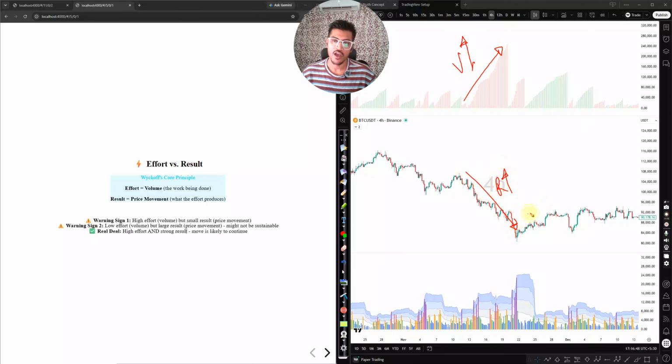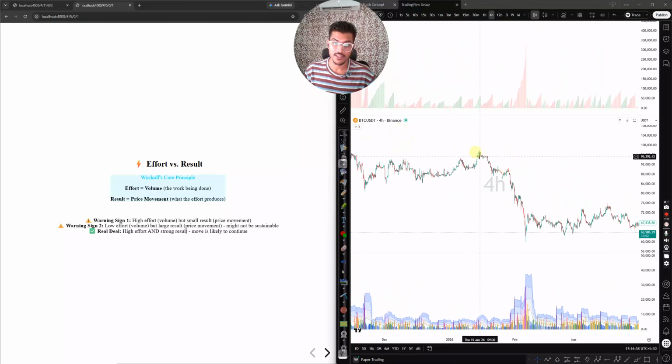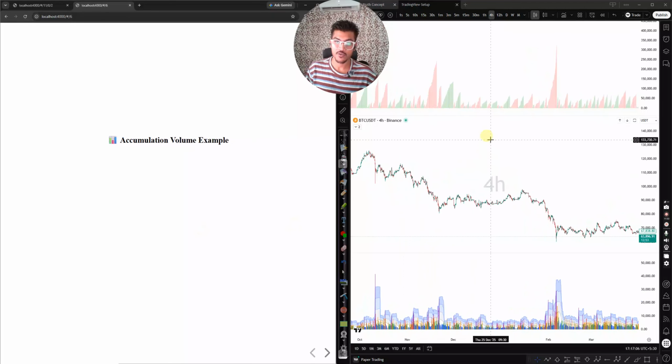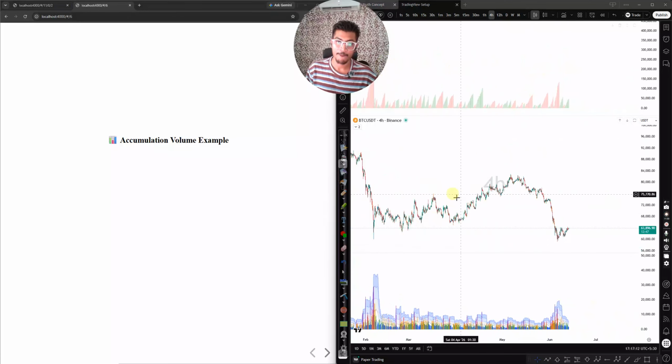The result was also high, and all this stuff was just a redistribution that fueled the market for the next move. And this is what we see, a very strong downside move. This big move indicated that the move is going to continue, unless we see very big buy volume to the upside.